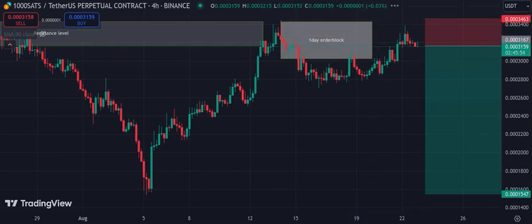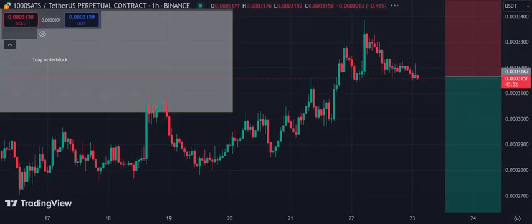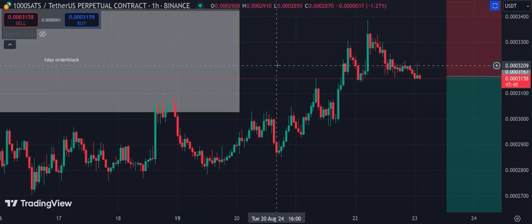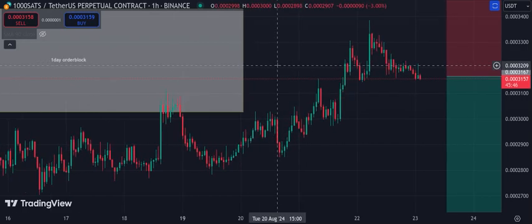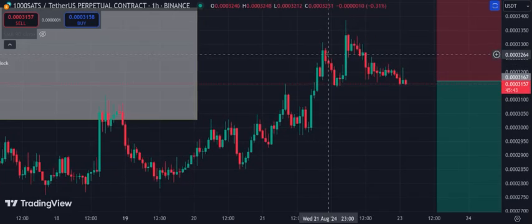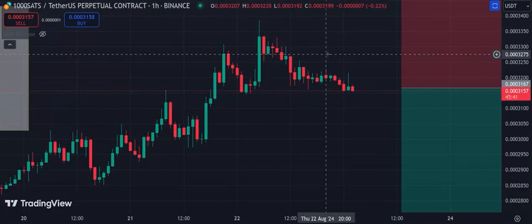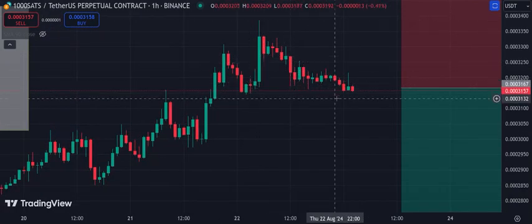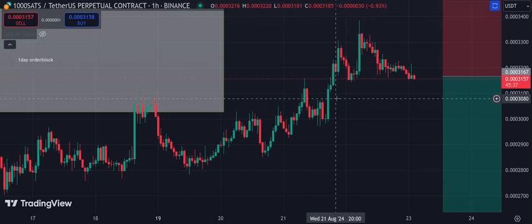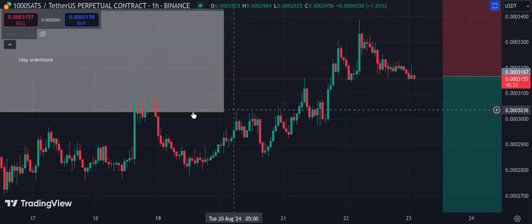So we're moving down to 1 hour time frame. For a 1 hour time frame, the market is pointing bullish.